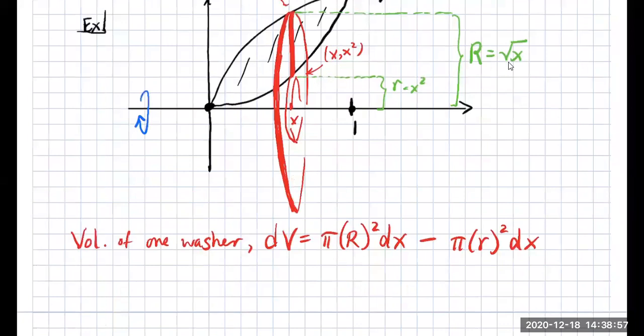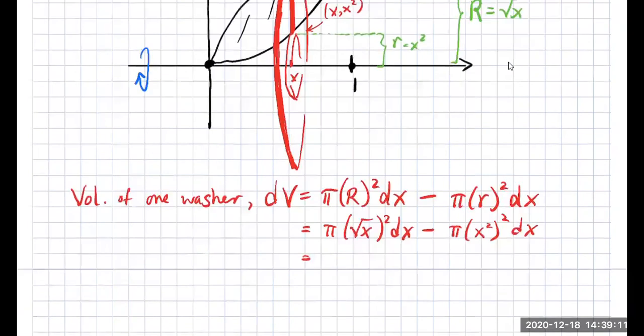Okay, so in this case, the outer radius was the square root of x. We'll square that. The inner radius was x squared. Don't forget to square that. And then I'll simplify it like we did in the previous example, and I'll factor the pi and the dx out as well.